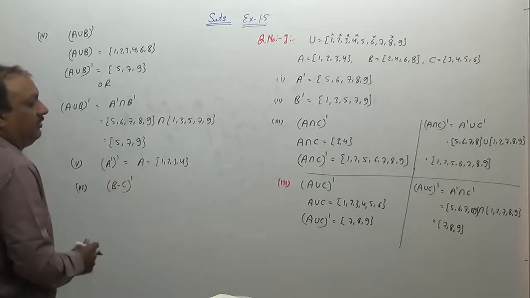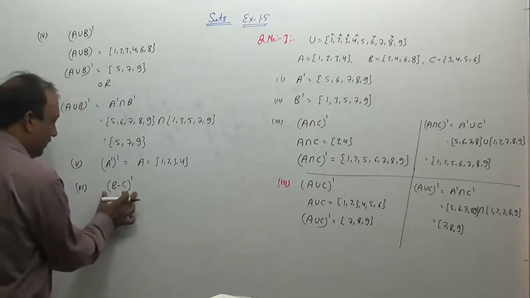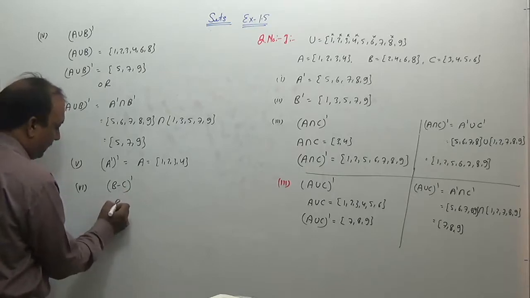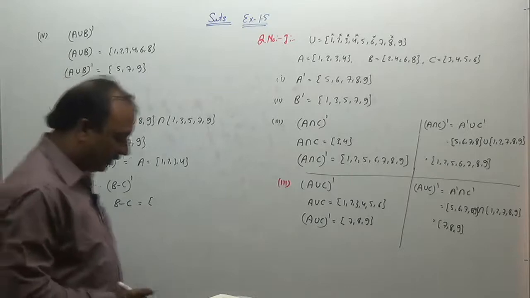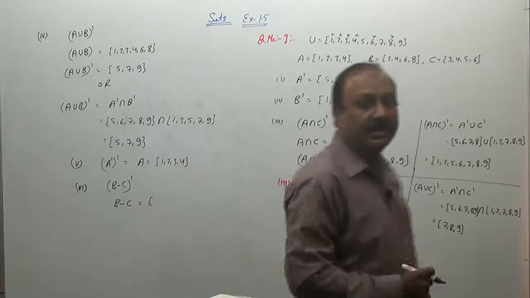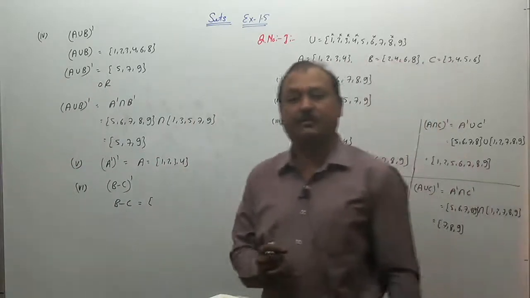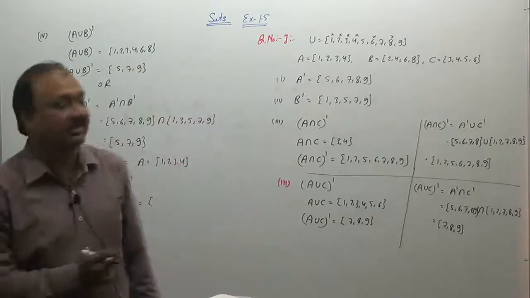To find the B minus C whole complement, first find B minus C. We know that the difference of two sets is a set which contains the elements of the first set only, which do not have any element of the second set.